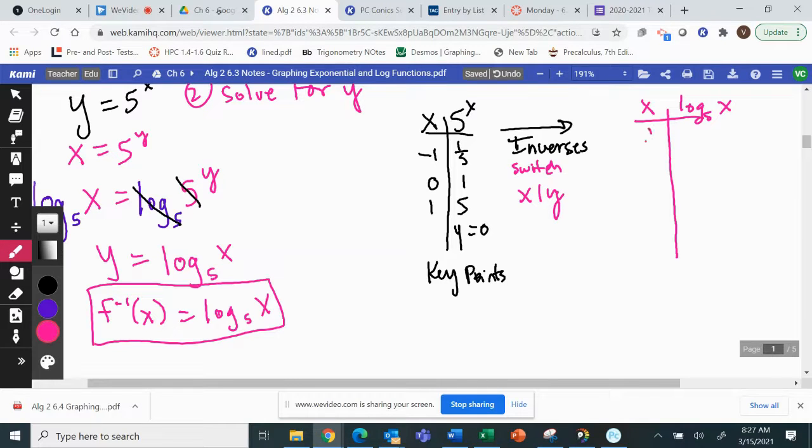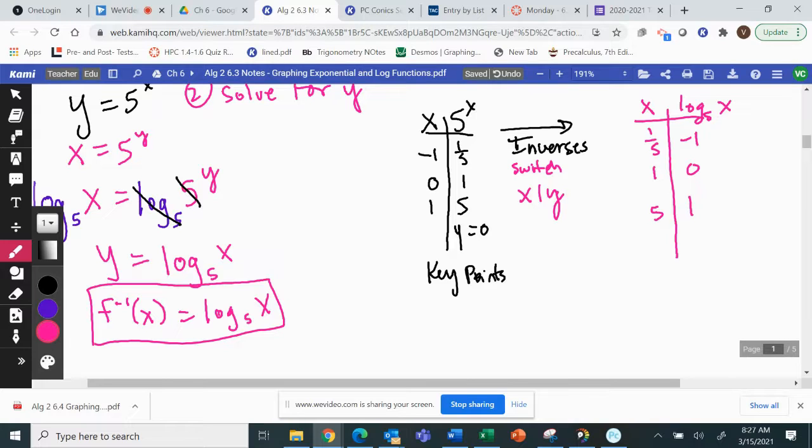So now I have (1/5, -1), (1, 0), (5, 1). And then we have to switch the asymptote also. So instead of y equals 0, somebody want to guess? Because we didn't have asymptotes before when we did this.